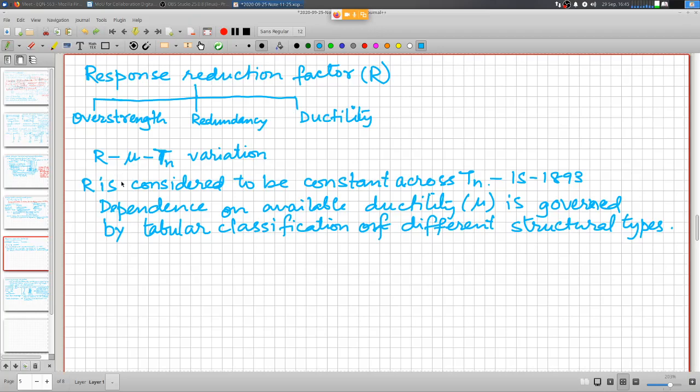and this is very crucial for earthquake resistant design, because we will perform seismic analysis for the elastic system based on the design spectrum.